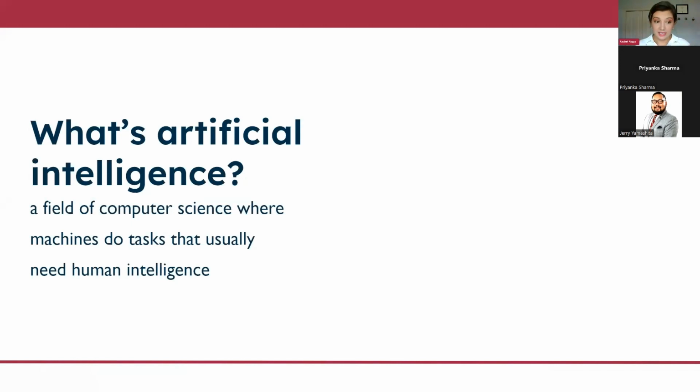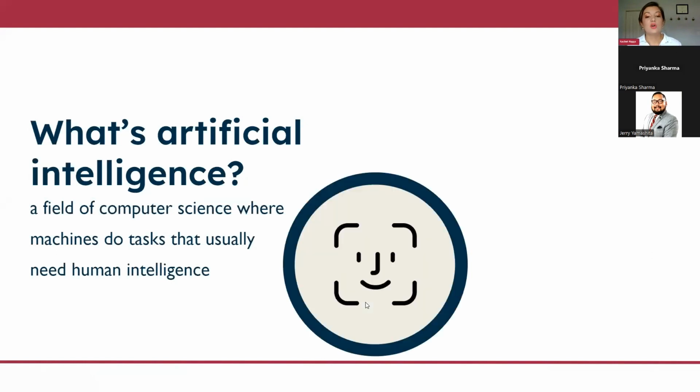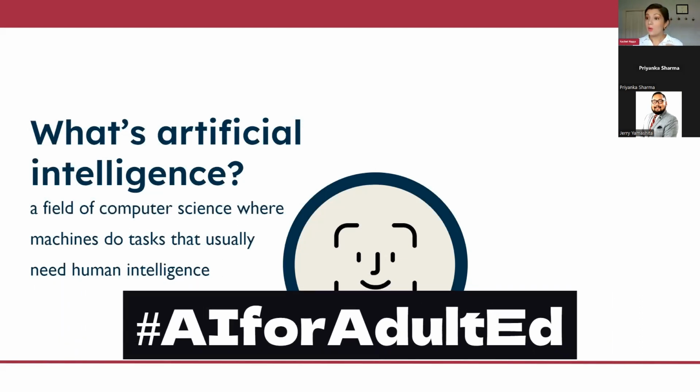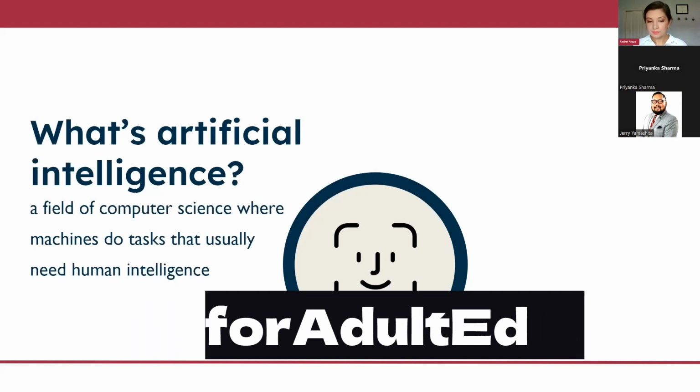And you already, whether you are aware of it or not, interact with artificial intelligence in your everyday life, if you own a mobile phone or really any kind of device and access to the internet. So one way that you might be seeing artificial intelligence at work is the use of Face ID. So if you pick up your phone and unlock it with your face, or unlock certain applications with your face, that is powered by artificial intelligence.